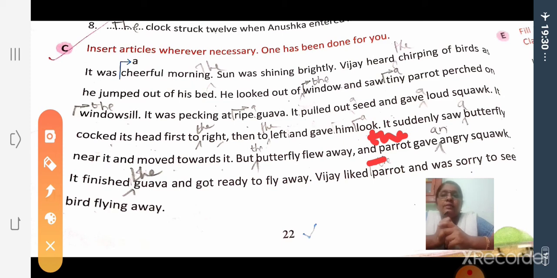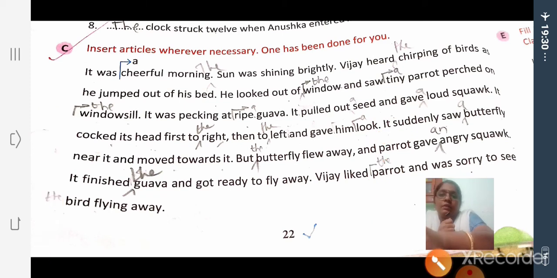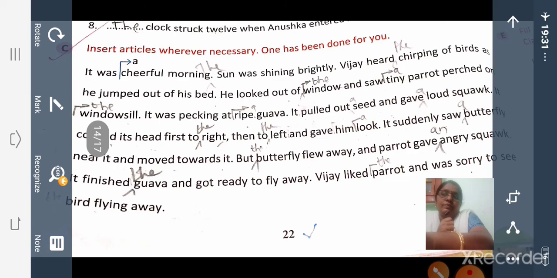Vijay liked the parrot. Here also the parrot. The parrot, and was sorry to see the bird flying away. Okay, so there is a slight change in your answer key about this last sentence, but no problem. Here only you have to insert the, so no problem.